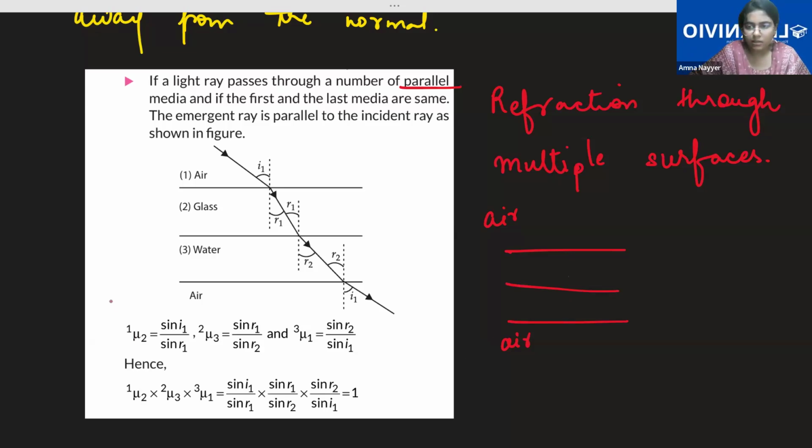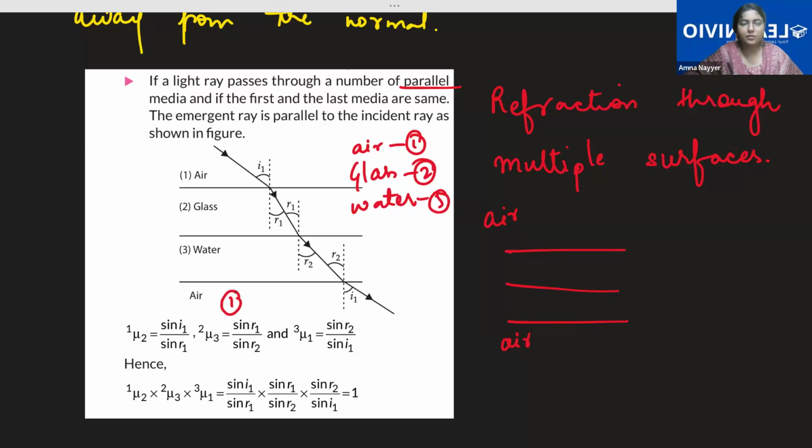Mu12 means n1, that is 1 with respect to 2. So this is the first medium, this is the second, this is the third, and this is the first again. Air is your first, glass is the second, and water is the third. Got it? So this is back to air, your first medium.